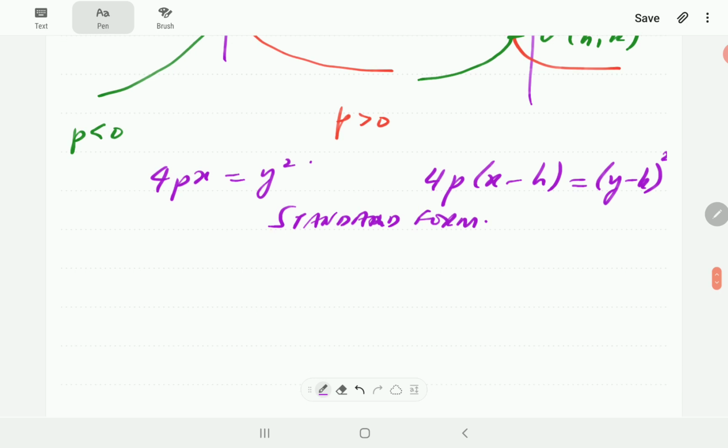For the general form of this one, you make x the subject of the formula, so it's x equals ay squared plus by plus c. This is the general form.